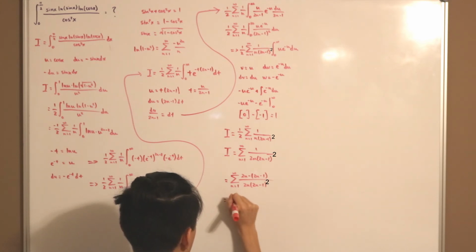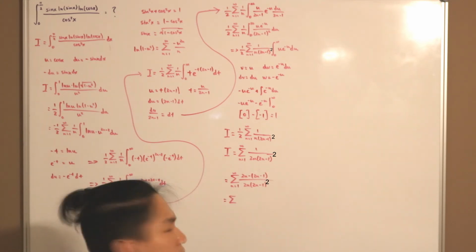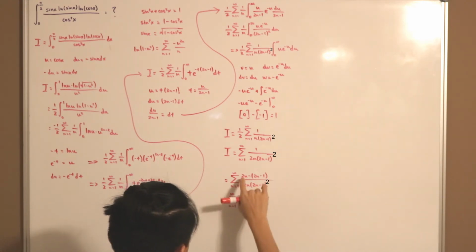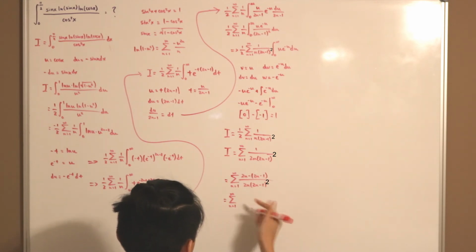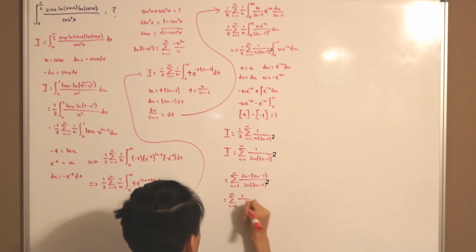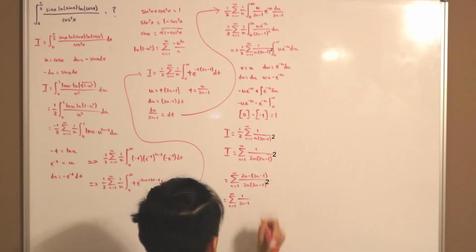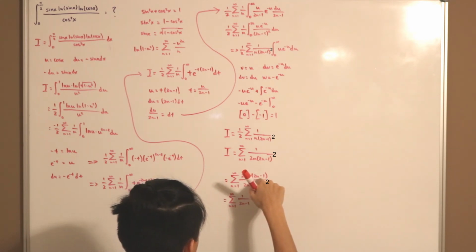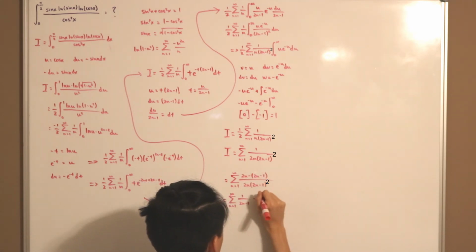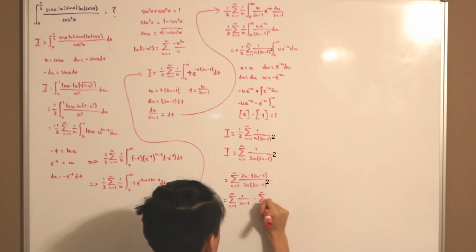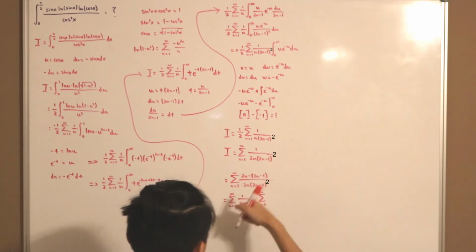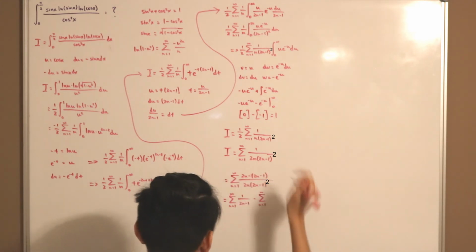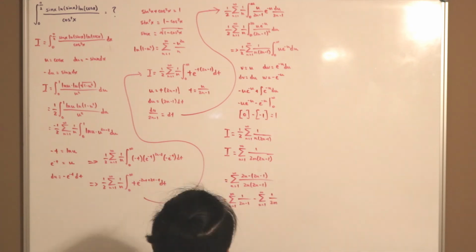So we have the sigma from n equals 1 of 2n divided by 2n times 2n minus 1. That will cancel out, so it'll just be 1 divided by 2n minus 1. Then minus the sigma from n equals 1 of 2n minus 1 divided by 2n times 2n minus 1. So 2n minus 1 cancels out, so it's simply 1 over 2n.